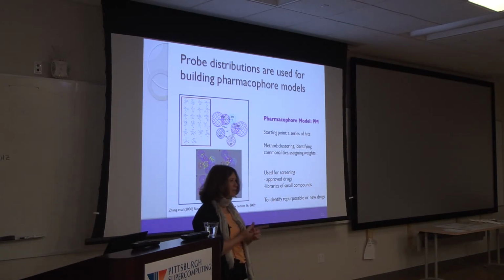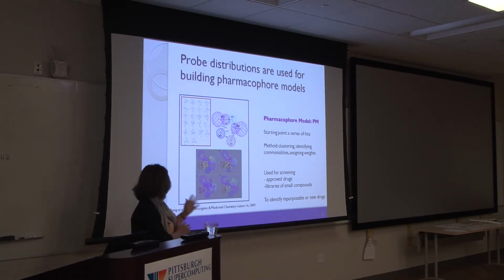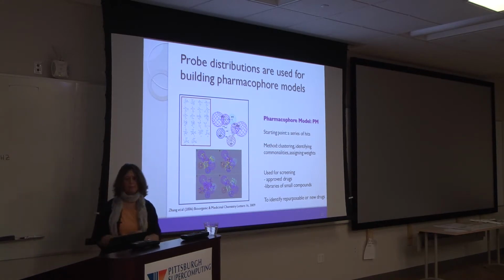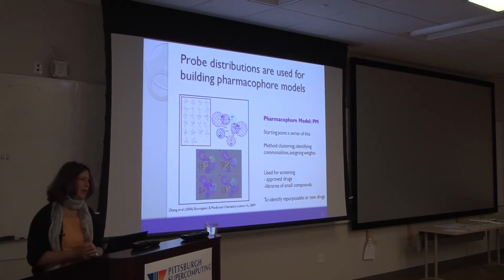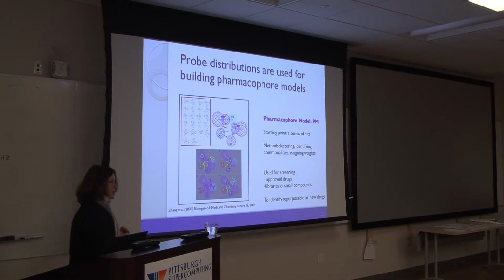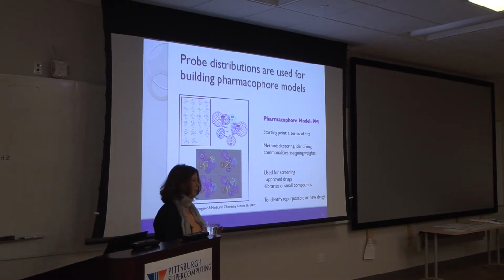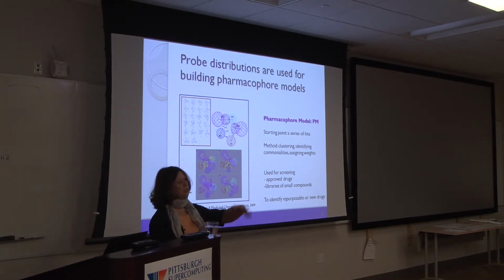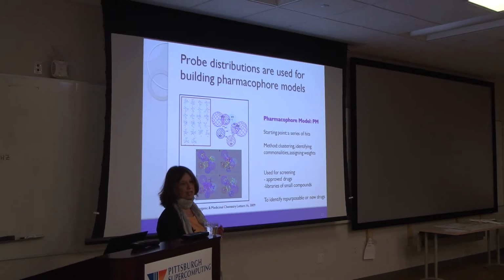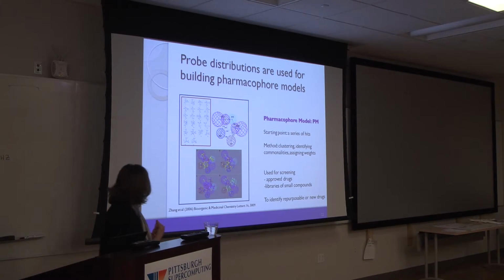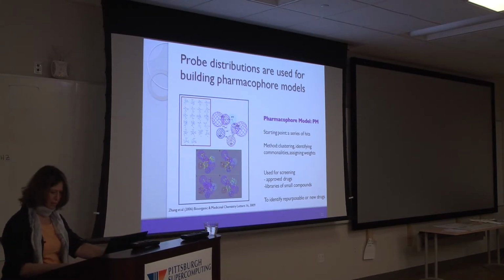You can repurpose the drug. You can use that drug for your new purpose. And finding repurposable drugs is very important. Why? Because you don't have to worry about the whole clinical trial approval process. It has already proven to be not toxic, right? So you save time and money.